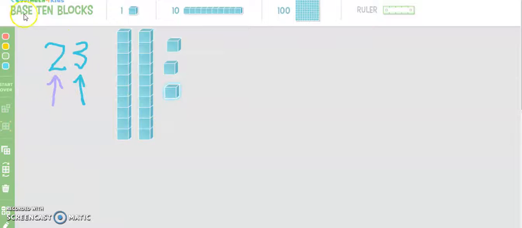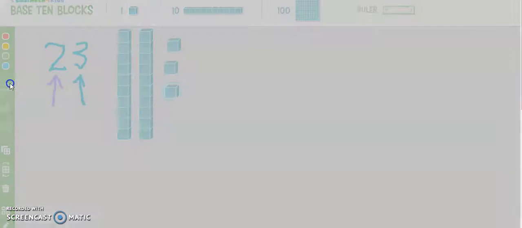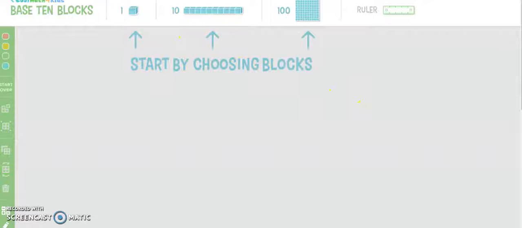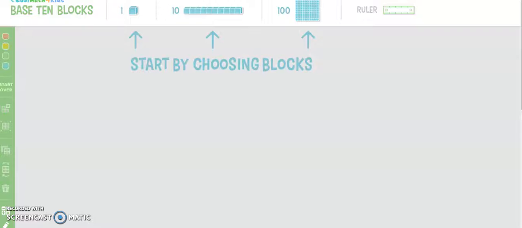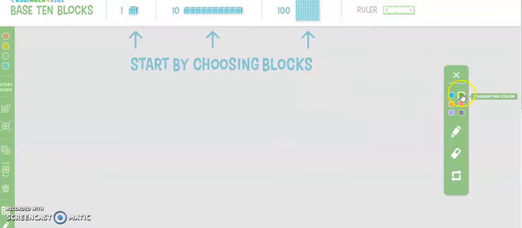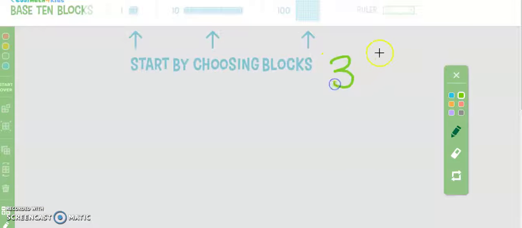Alright, so let's go ahead and start all over. I guess that button doesn't work. Okay. So let's go ahead and try another number. Let's try 35. 35, and I'll go ahead and write that number here. Okay.